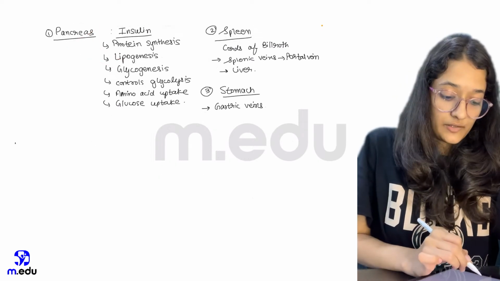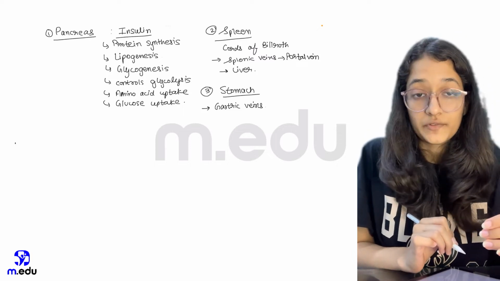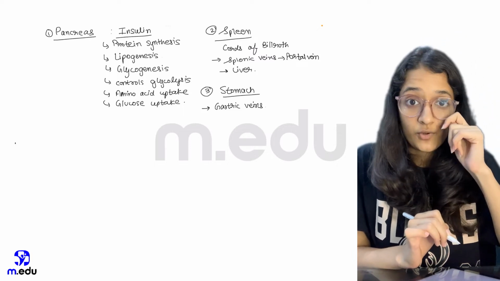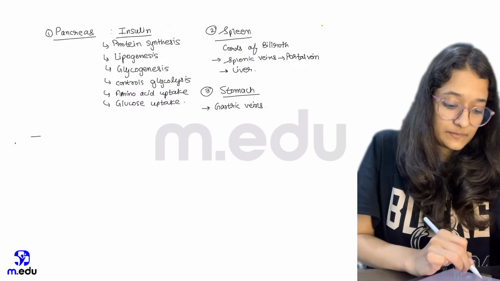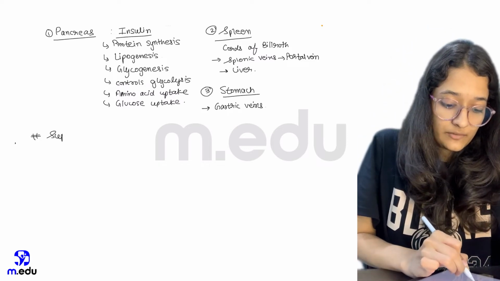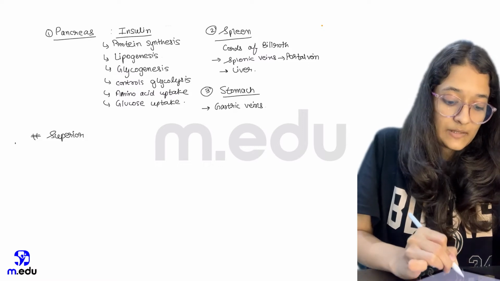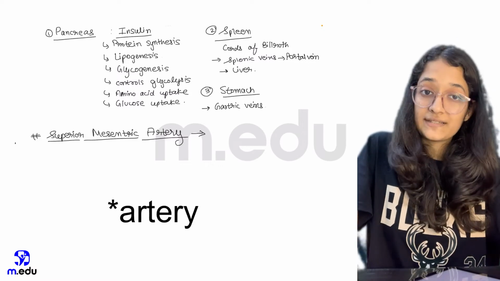Now we have one more branch of the abdominal aorta. The first one was the celiac trunk. The second one is the superior mesenteric artery. What will it supply?